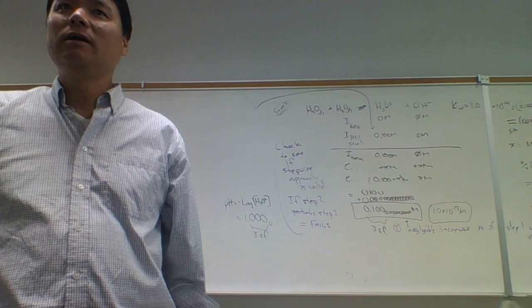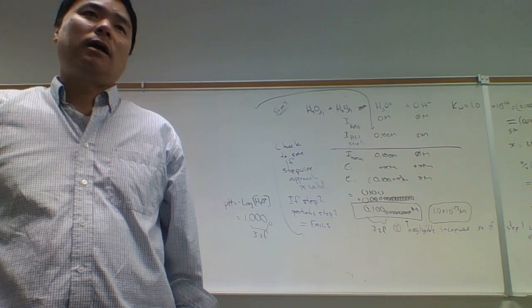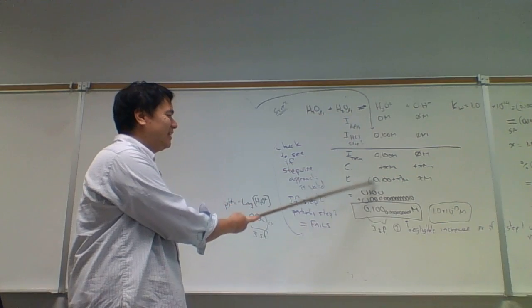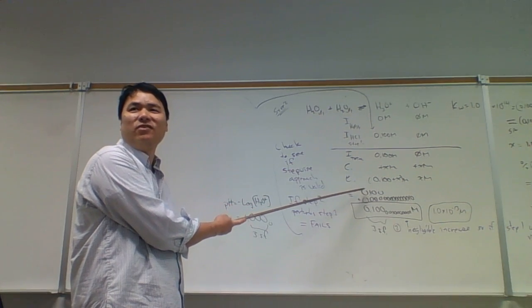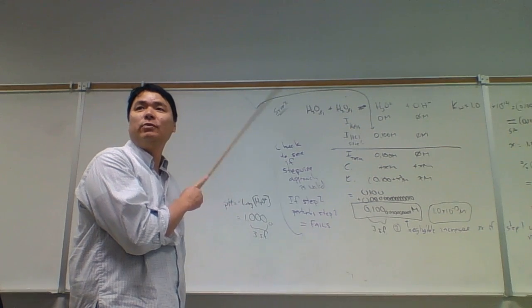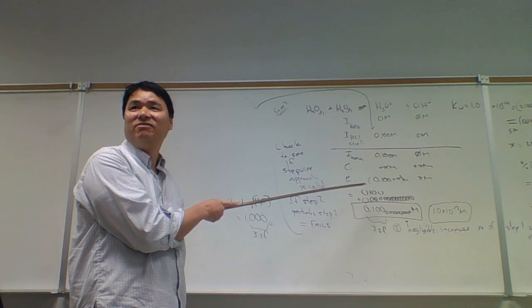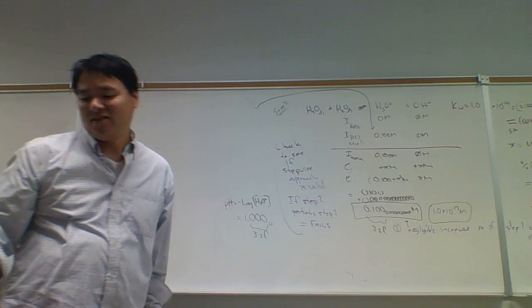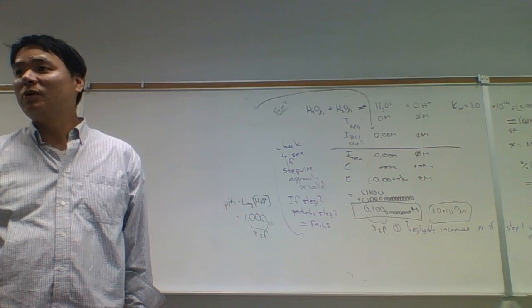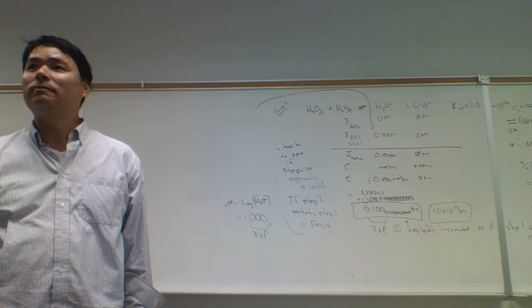Did you worry about KW? Not at all. And the reason is, was KW really that significant of an additional contribution? No. And so in Chem 4, or Intro Chem, we always ignored KW. Why? Because introducing KW means extra work, extra hassle.